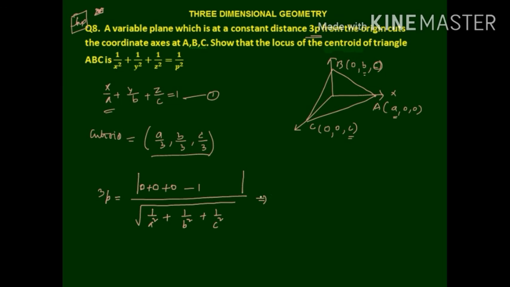Now what will I find here? You see, I can take the reciprocal and I can square to remove this. So I'll be getting this as (3p) whole square equal to 1/a² + 1/b² + 1/c².